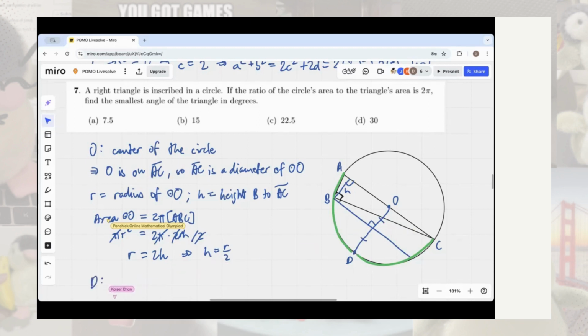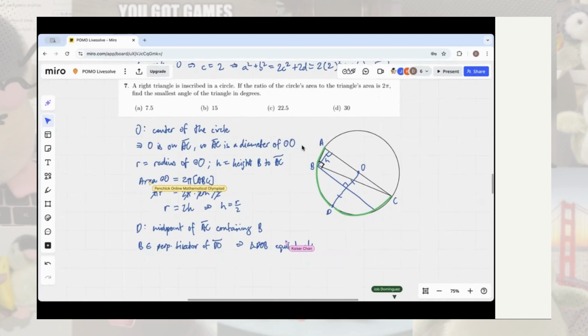Essentially this is also H, then your R is this, and this is also R, and OD is also R. Are we good with that?